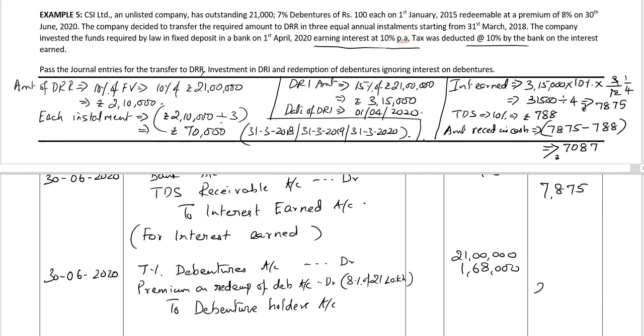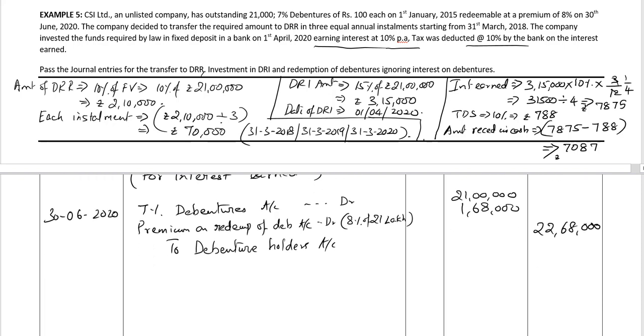Total amount payable 22,68,000 rupees, being amount due to debenture holders.